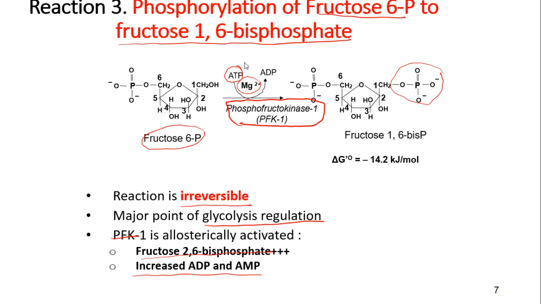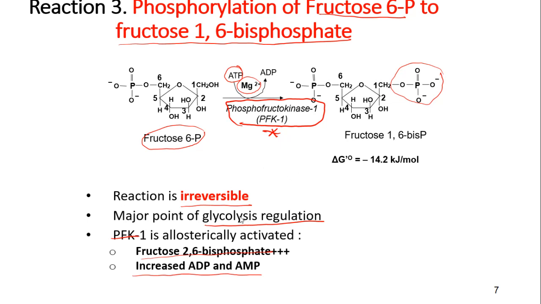This step is a glycolysis regulation. Why is it a glycolysis regulation? It's because of the enzyme which is involved, and this enzyme is normally activated by the presence of these molecules. Now, what makes this enzyme to be inhibited?